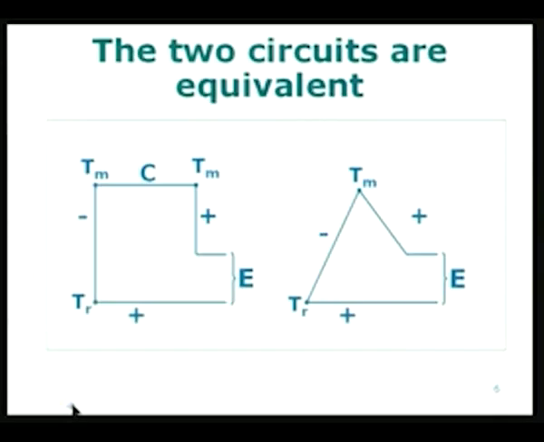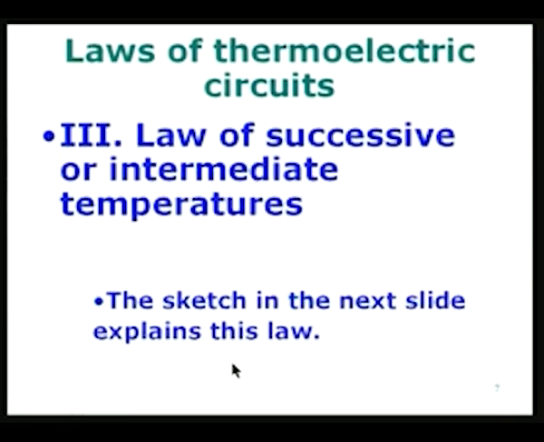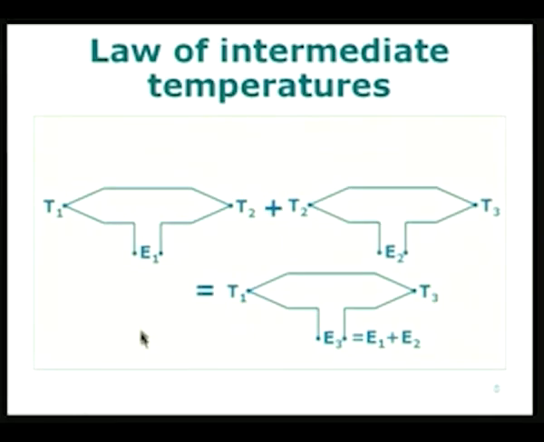So with this, let us look at another important law, which is called the law of successive or intermediate temperatures, which is very useful, and I am making a small sketch in the next slide to explain this relationship or the law. Suppose I have two junctions T1 and T2, and I measure the electromotive force across the junctions, E1.